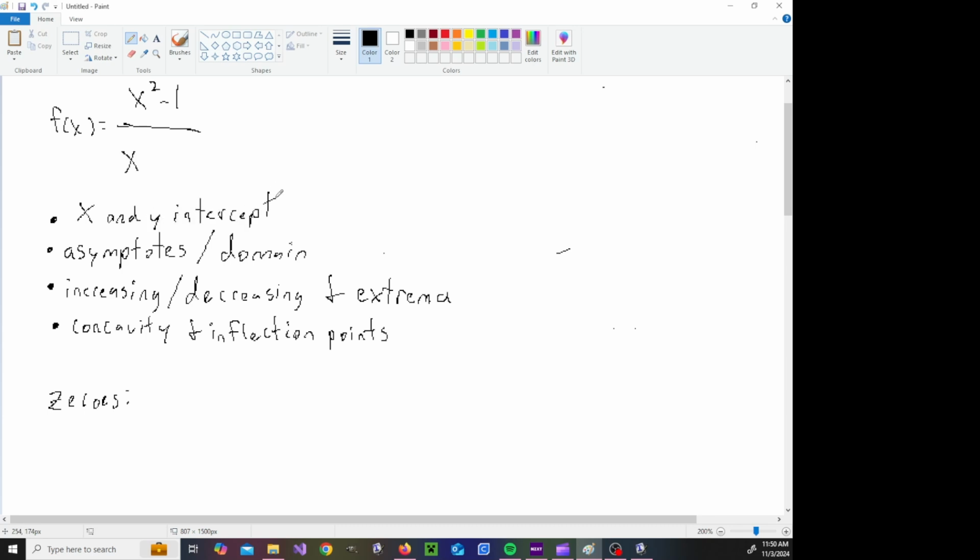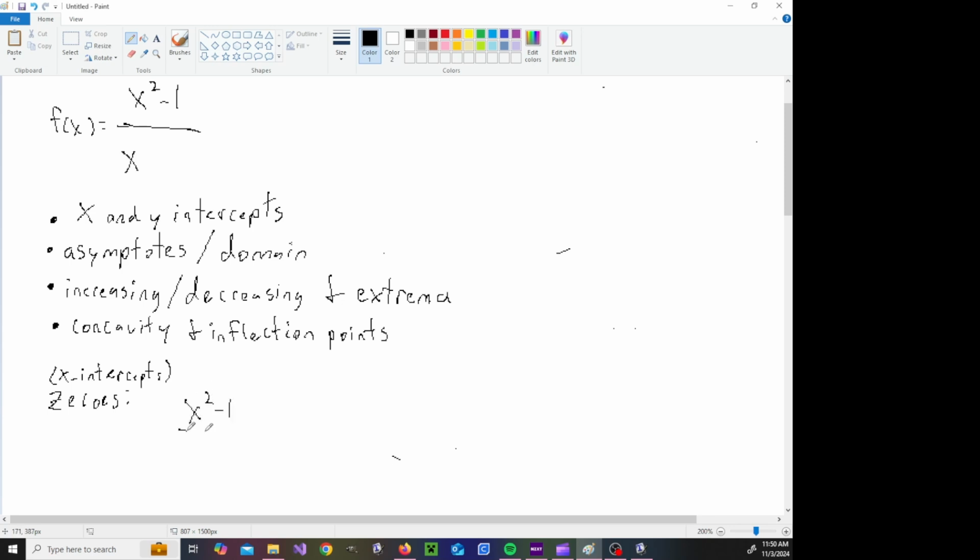Now the x-intercepts are the zeros, right? Now to talk about y-intercepts, that's going to end up going into our asymptote and domain problem for this really specific example, but at least start off talking about the x-intercepts, aka when is the function equal to 0?